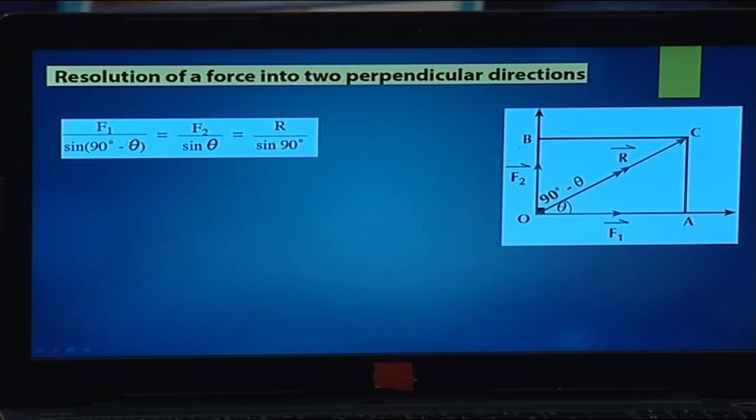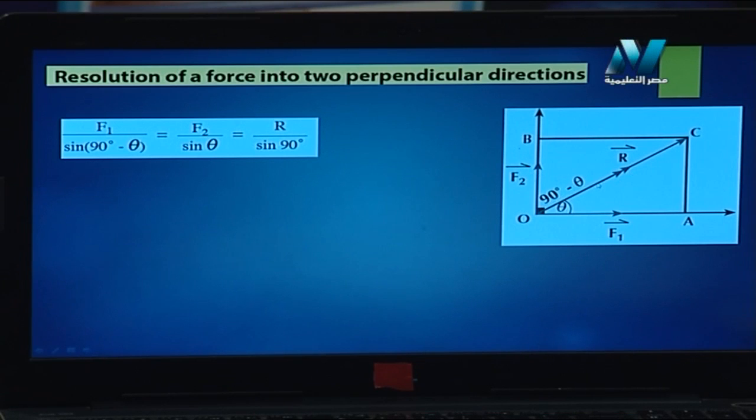Okay, we will apply the first rule. F1 over sine 90 minus theta equals F2 over sine theta equals R over sine 90. Notice, my dear students, that F1 is divided by the sine of the opposite angle, F2 over sine theta, and R over sine of the sum.